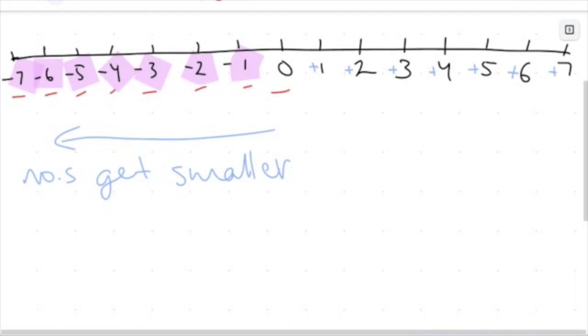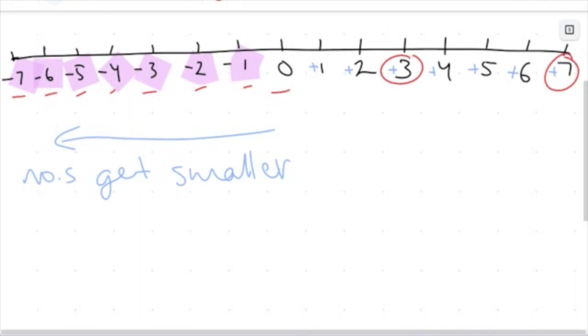Let's take a closer look at, for example, 7. 7 is a bigger number than 3, and in the positive end of our number line, it is bigger in the positive direction.